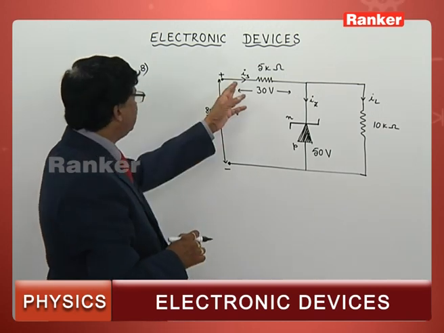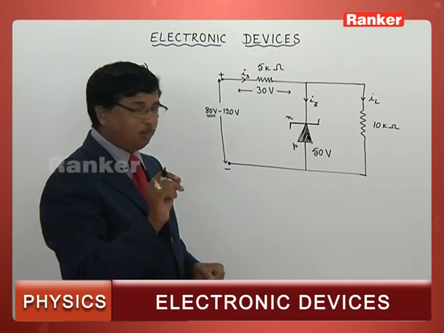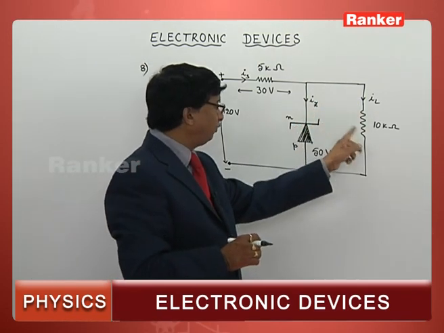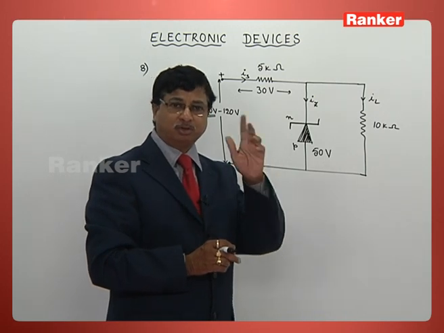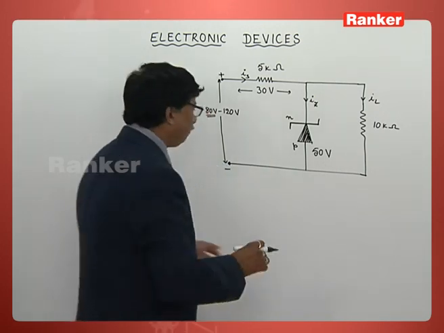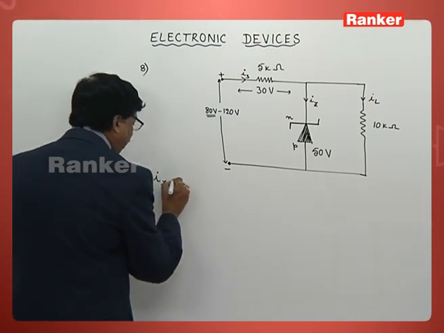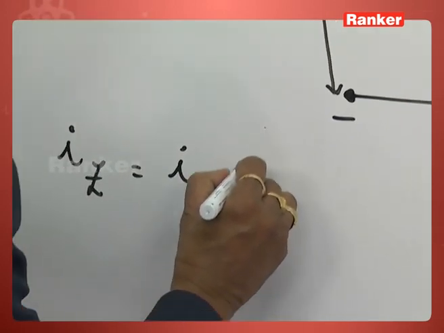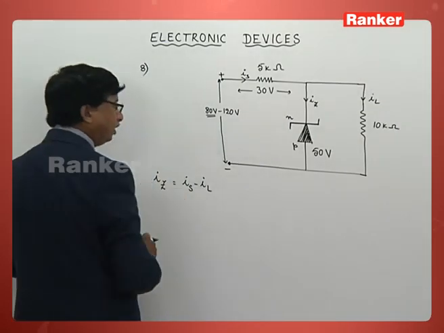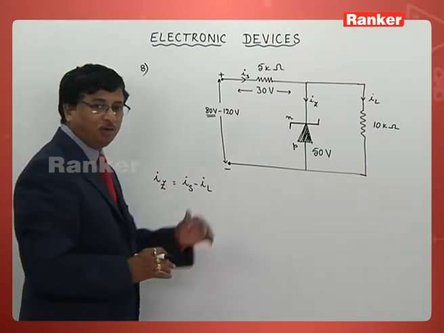So what is the concept here? Current across series resistance is equal to current across the load resistance plus current across the Zener diode. That is the point. I just want the value of Zener diode current first. IZ I want. I now can write IS minus IL. Current across series resistance minus current across load resistance.